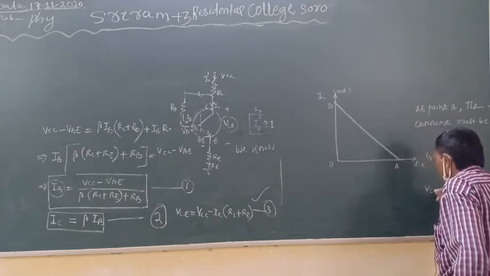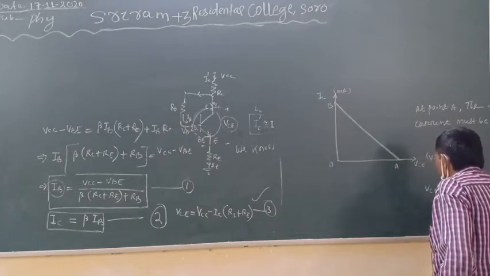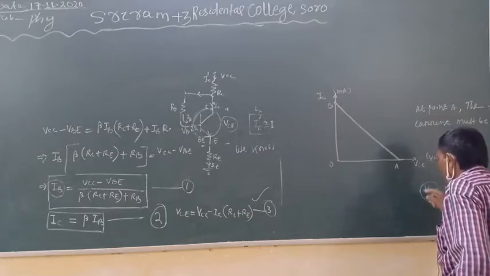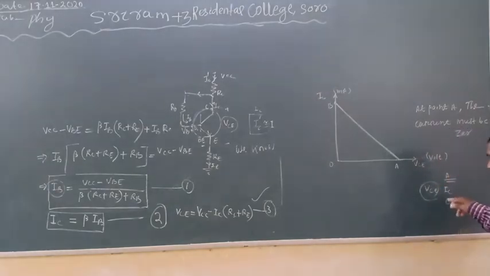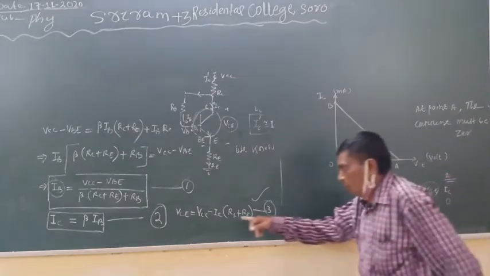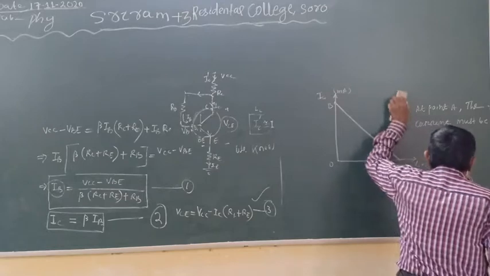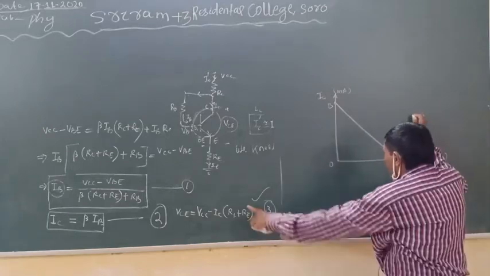The VCE, IC point at A is VCE and 0, and we calculate the VCE. Now put this value of IC in equation number 3.